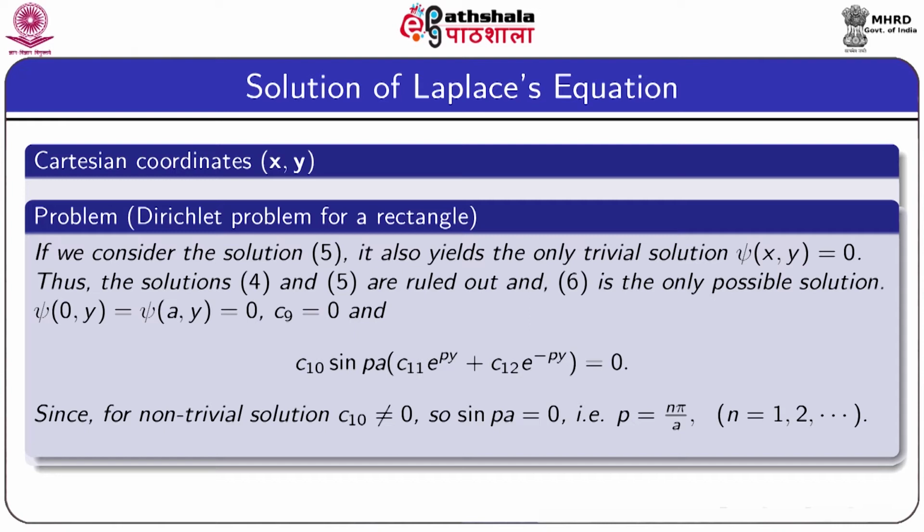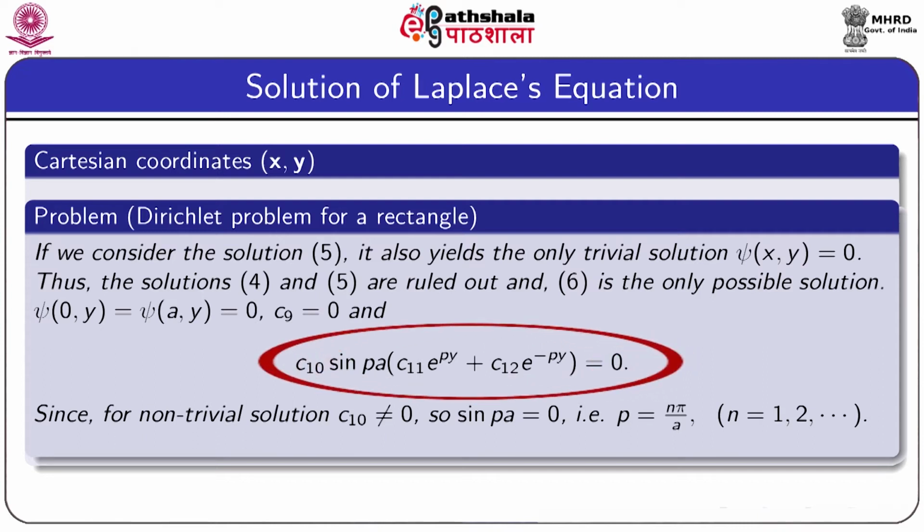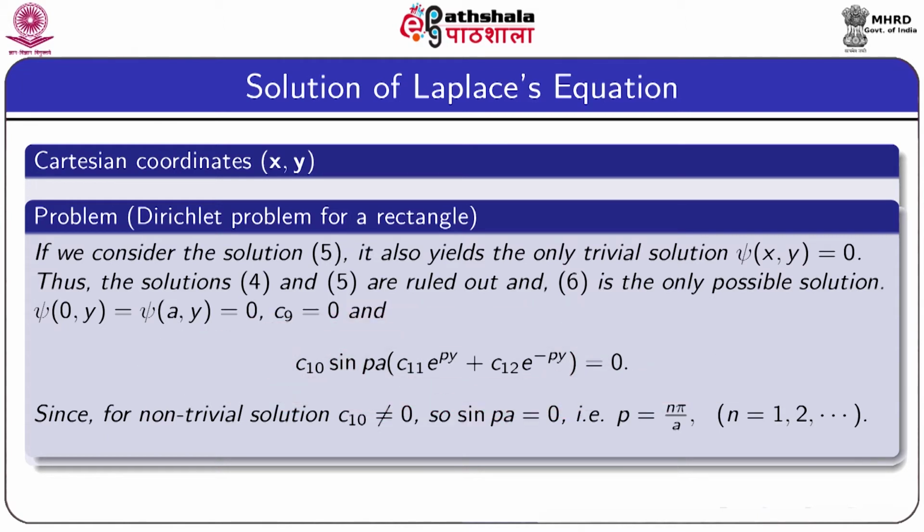So, if we look at solution 6, in this solution if we put the boundary conditions psi(0, y) equals psi(a, y) equals 0, this gives C9 equals 0 and C10 sin(pa) times (C11 e to the power py plus C12 e to the power minus py) equals 0.